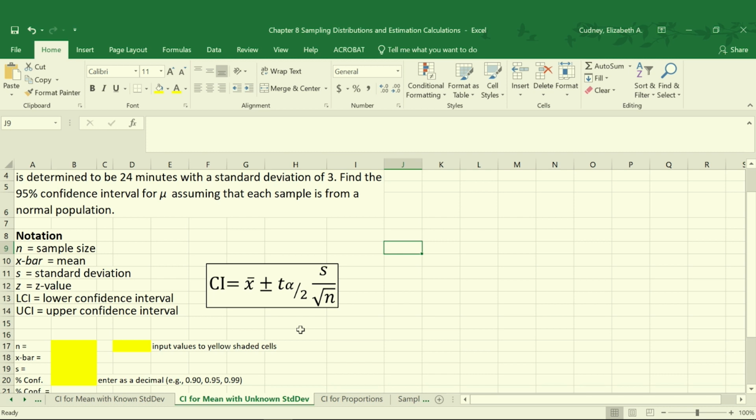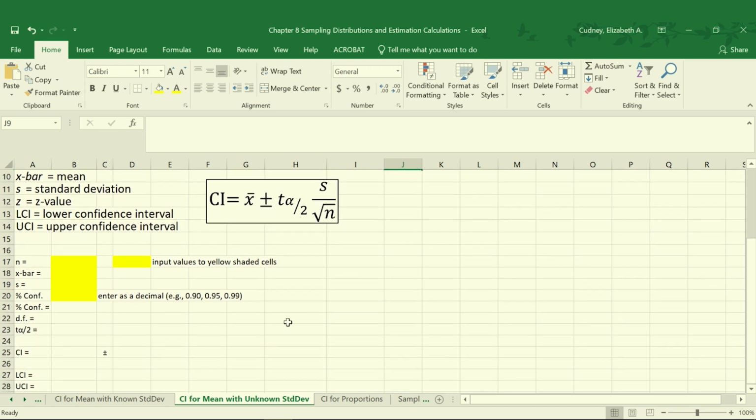And in this case, since we don't know everything there is to know about the population, we know for sure we need to use the t distribution, particularly because our sample size is only 7. We're going to multiply it by our s, which is our sample standard deviation, rather than sigma, which is our population standard deviation. And then we're dividing it by the square root of n.